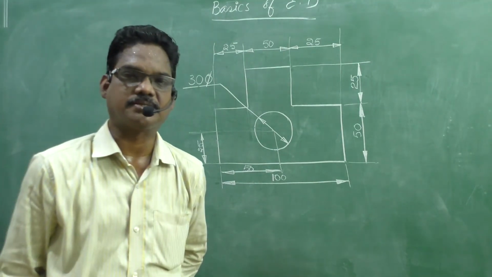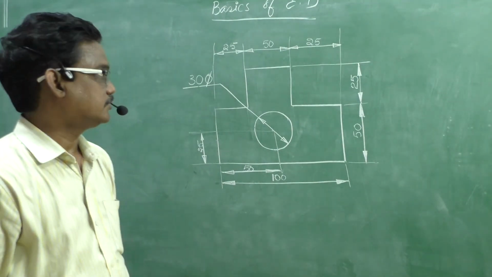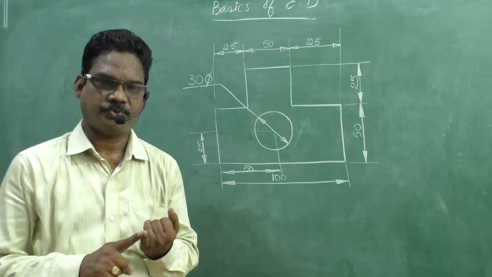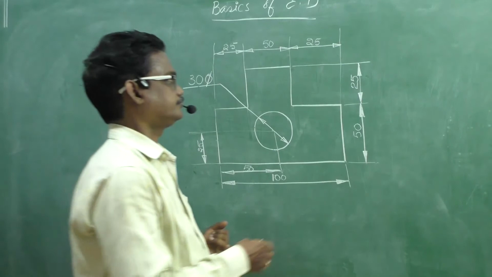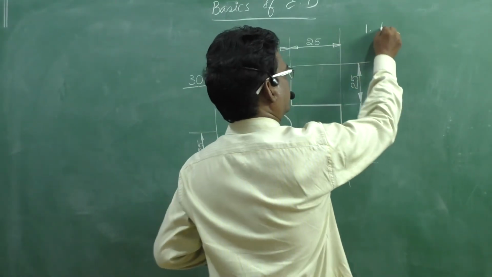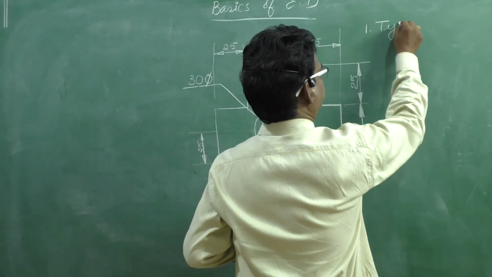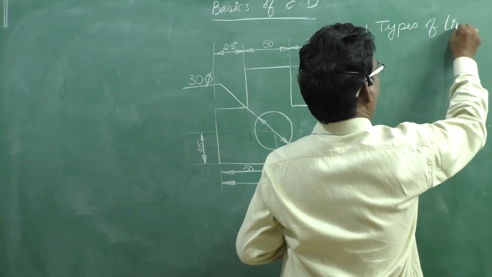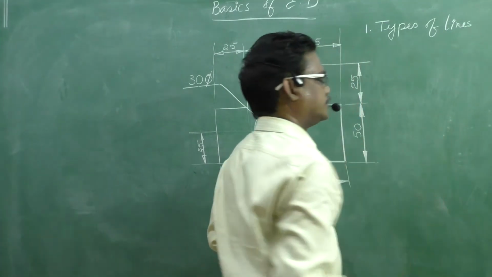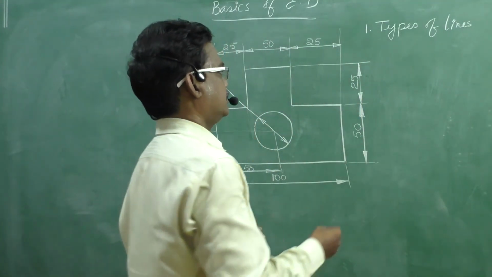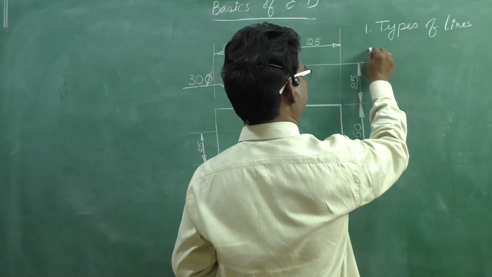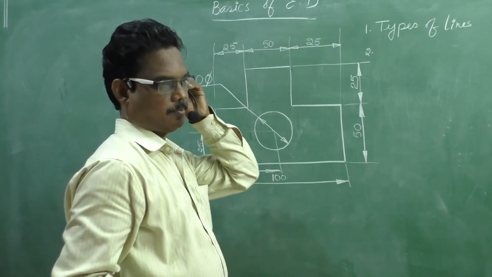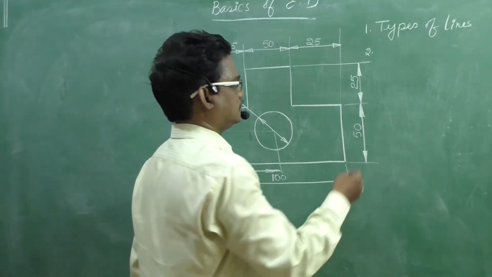Now I will summarize what we learn in the basics of engineering drawing. First one is types of lines used in the engineering drawing. Okay. The second one, division of a line into number of equal parts.